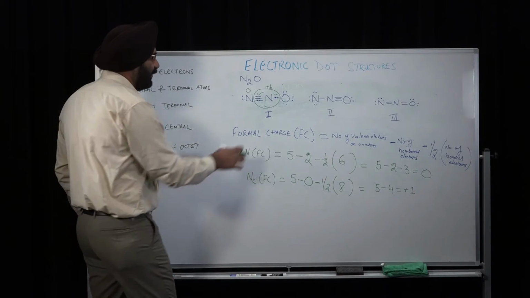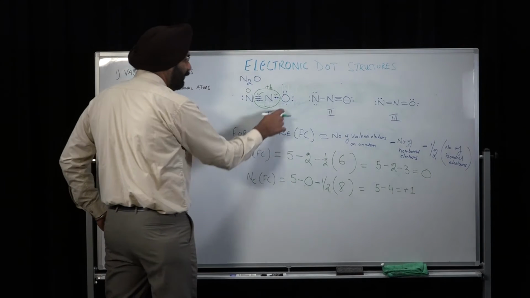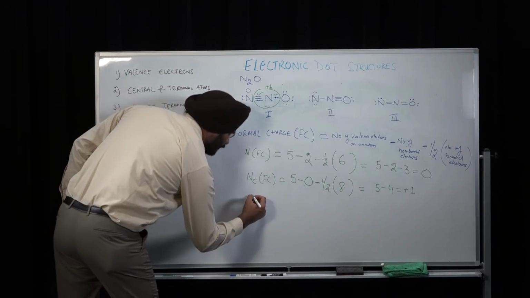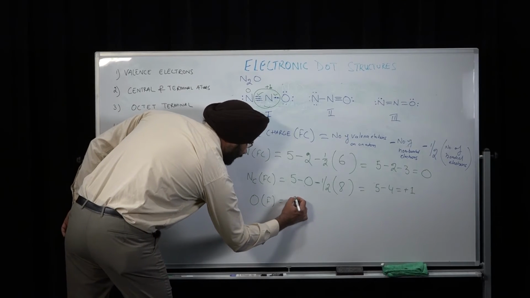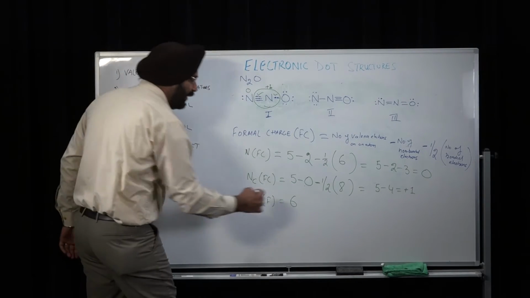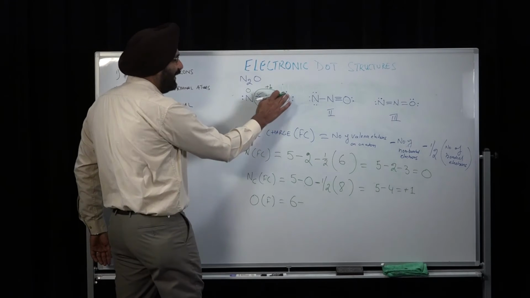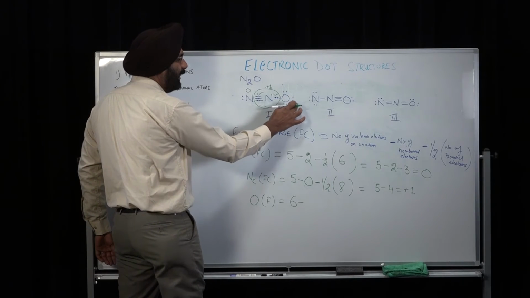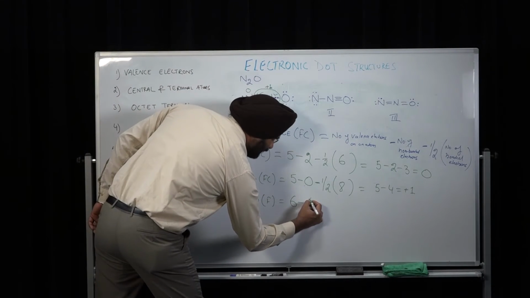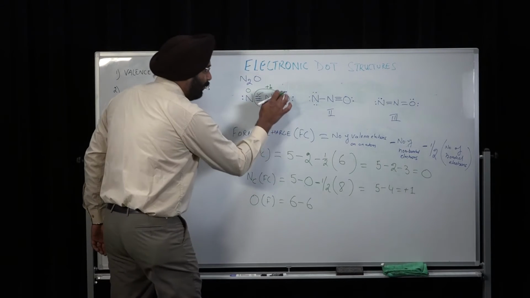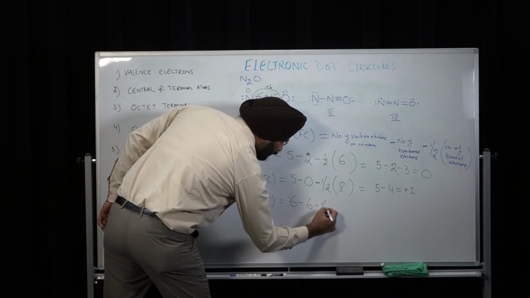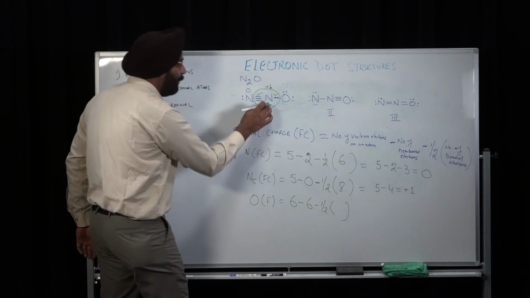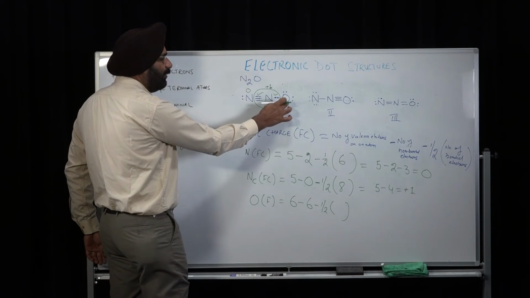Okay? Now, in the same way, we are going to calculate the formal charge for the terminal oxygen atom. For that, the number of valence electrons is 6 minus the number of non-bonded electrons. Again, what I'm seeing is 6. 1, 2, 3, 4, 5, 6 minus half of the bonded electrons. So how many bonded electrons am I seeing on this oxygen atom?